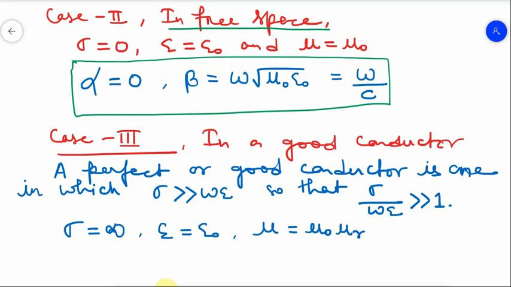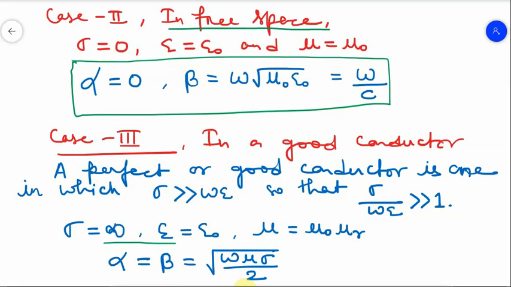On the basis of this, if you put these conditions into the expressions of alpha and beta that we derived in the beginning for the lossy dielectric medium, then we get alpha and beta both equal, and equal to root over omega mu sigma upon 2.